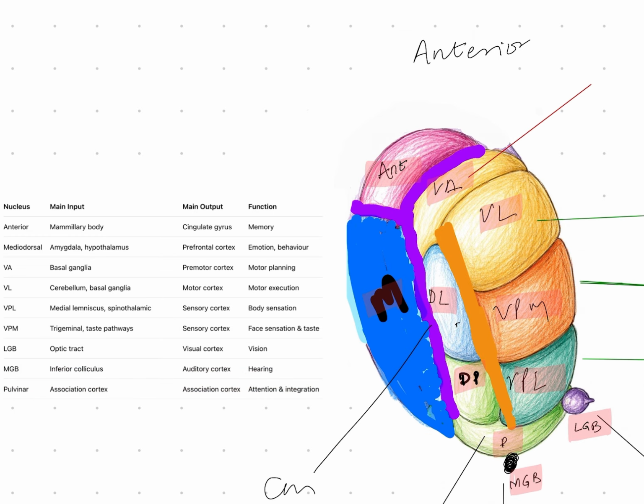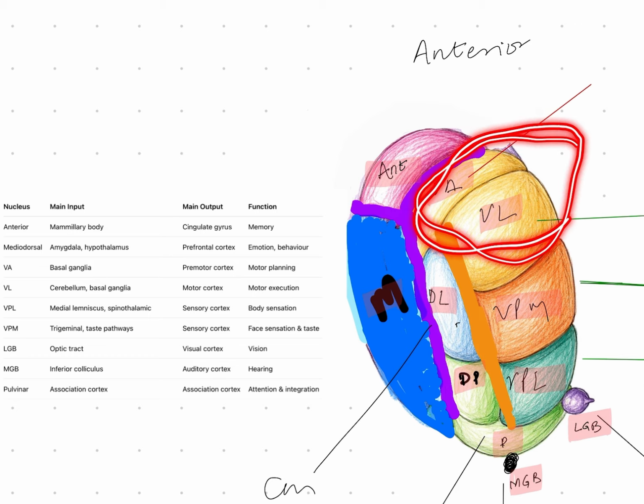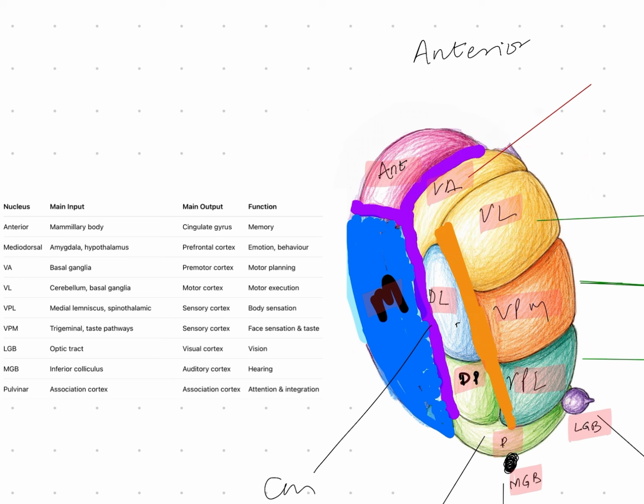Then comes the ventral group function, which is very important to learn. So these are the ventral anterior and ventrolateral. So we just need to remember, like in the spinal cord, the anterior part, the ventral part, is associated with the motor fibers, and the motor horns are on the anterior side, and the posterior part is the sensory part.